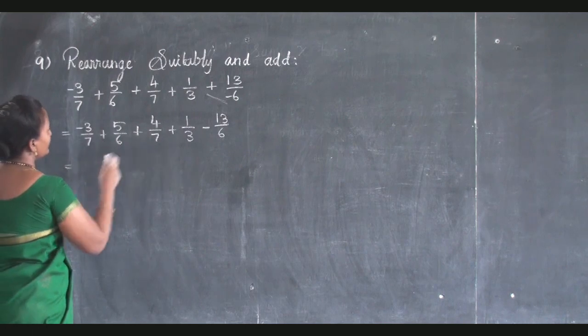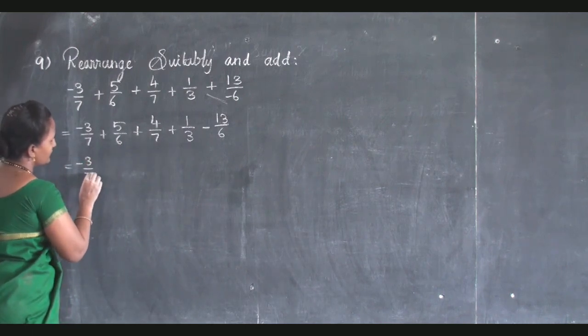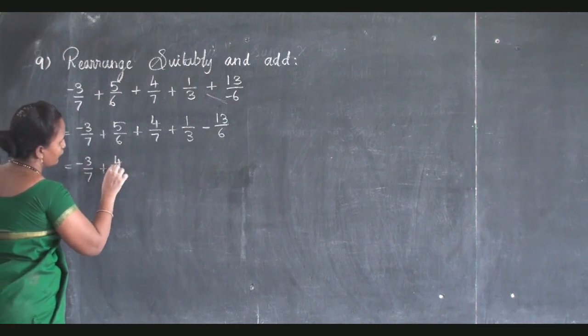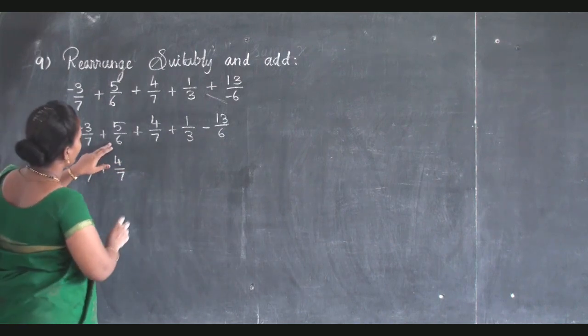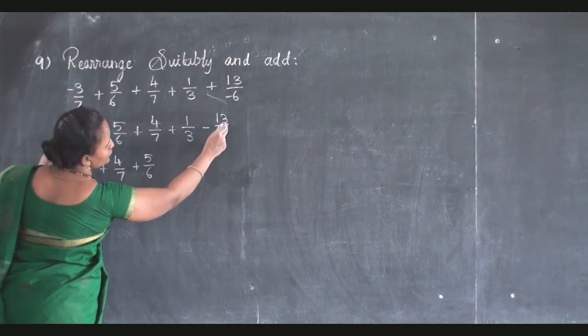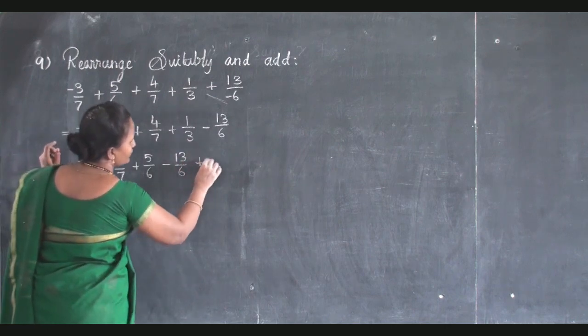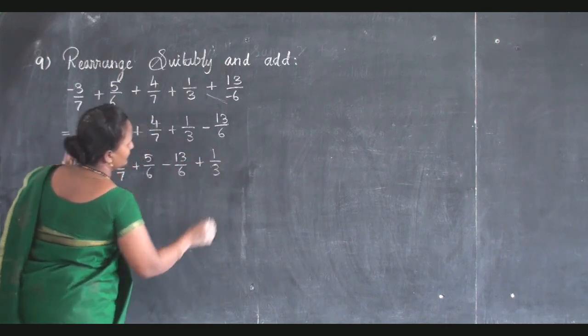Now assemble the numbers with same denominators: minus 3 by 7 plus 4 by 7 and then plus 5 by 6. Here also 6, so minus 13 by 6 plus 1 by 3.